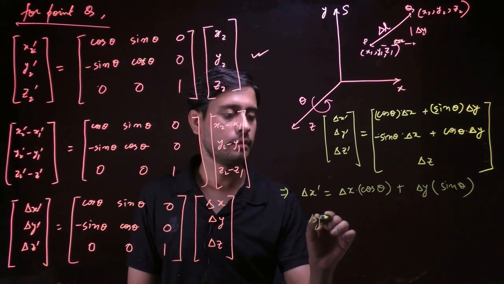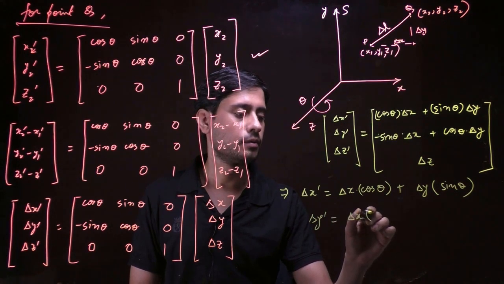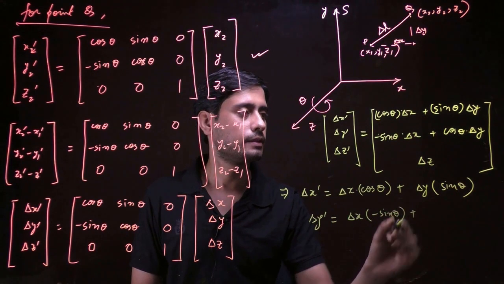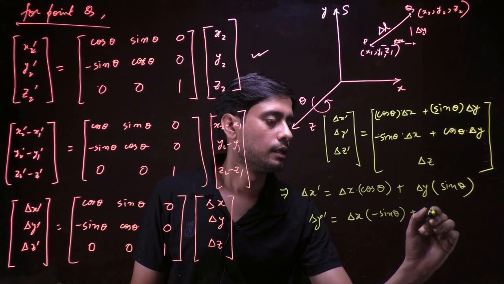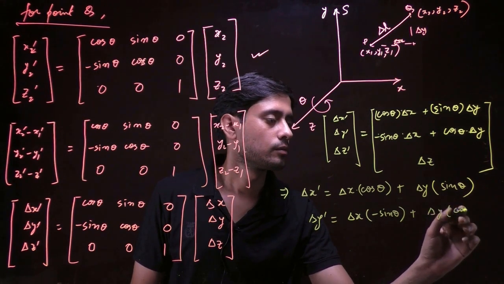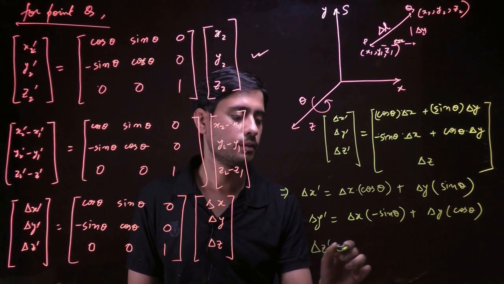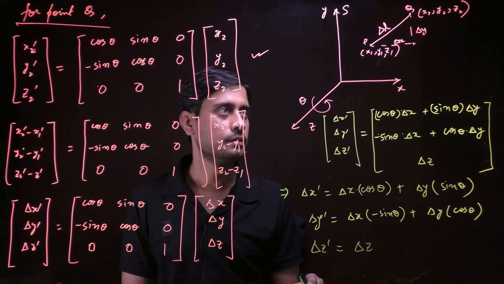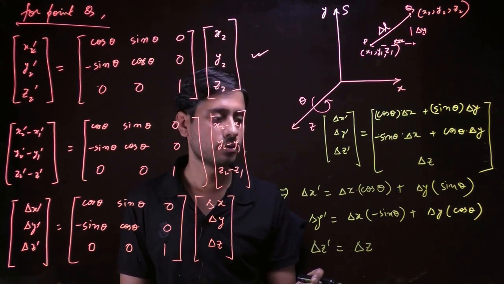Delta y prime equals delta x into minus sin theta plus delta y into cos theta, and delta z prime remains delta z, what we expected, that the z component or the z projection should not change.